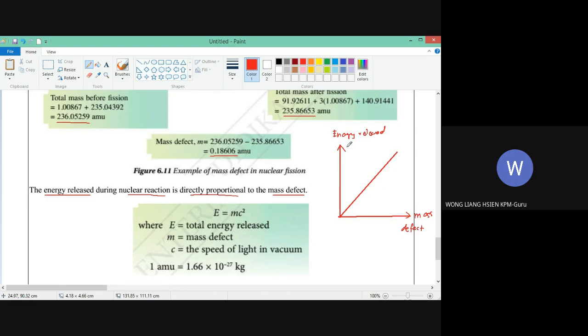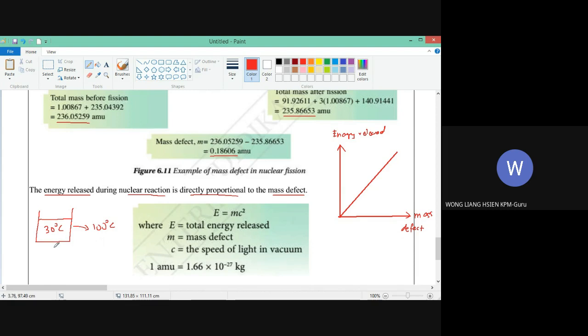For example, let's say you have water. This water at first is 30 degrees Celsius. When you heat the water until it becomes 100 degrees Celsius, the mass of the water at 100 degrees Celsius is more than the mass of the water at 30 degrees Celsius.